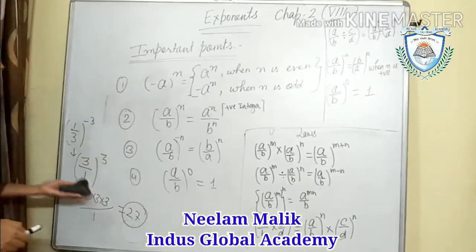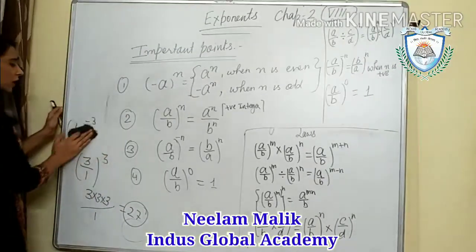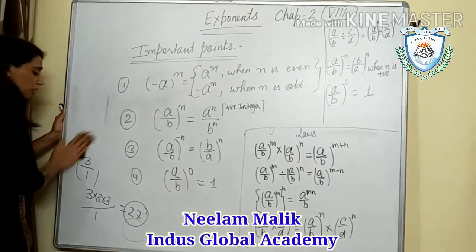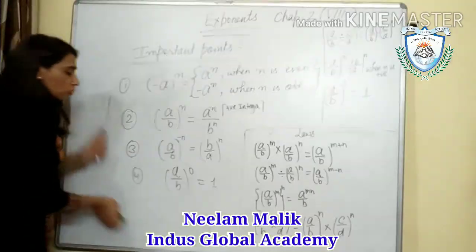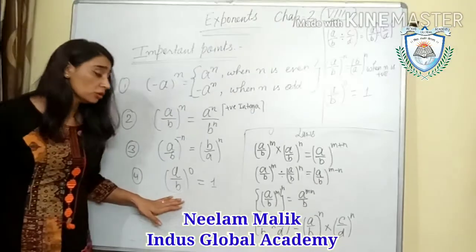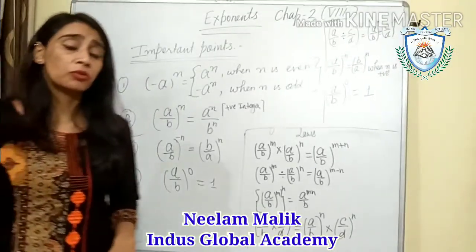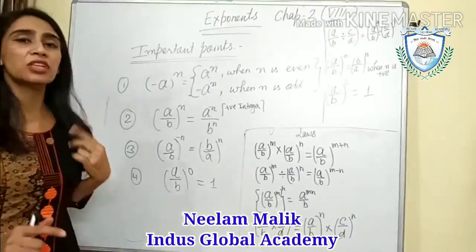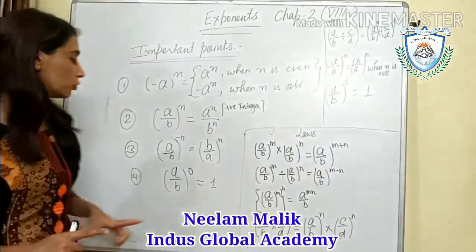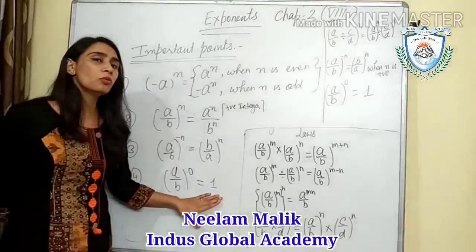Now next is, if any rational number is given and the whole power of that rational number is 0, that number will not be equal to 0. If the power of any rational number or any integer is given as 0, then our number will not be 0, it will be equal to 1.